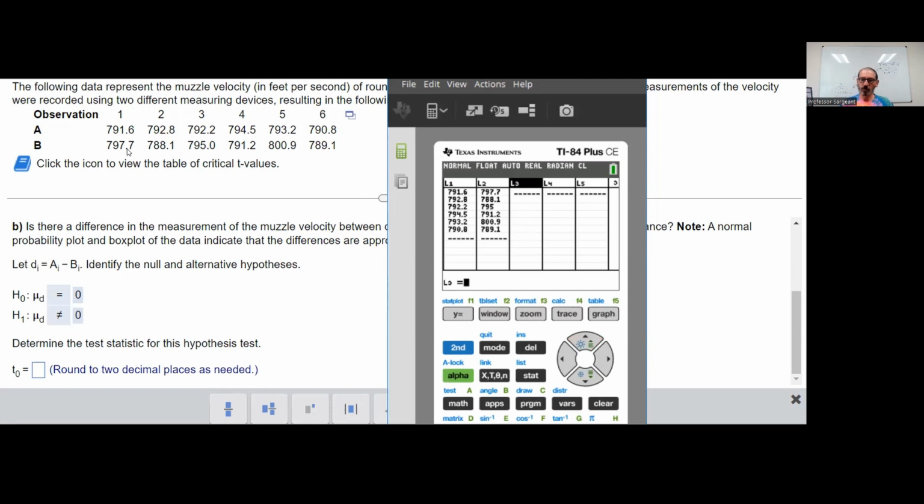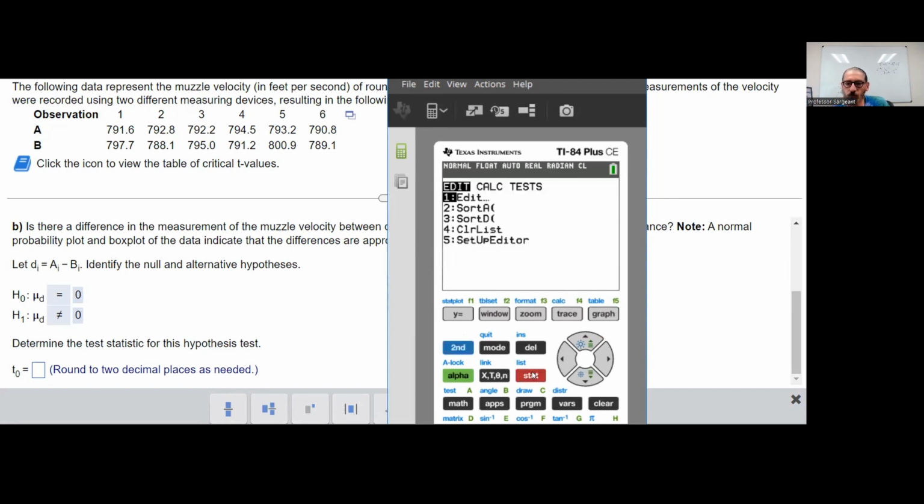I'm going to let the calculator do the subtraction for me by going to the top of list 3 and then telling it subtract things in list 1 for device A minus the things in list 2 for device B. And it automatically fills all those in. Then to get my mean and standard deviation, let's see here. We can go to stat again and calc one variable statistics.